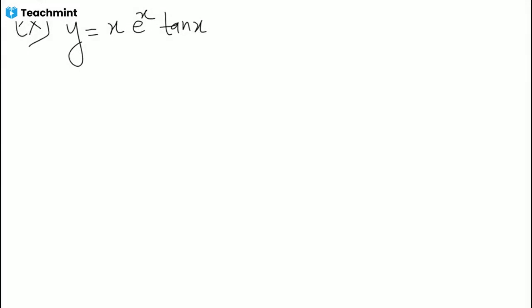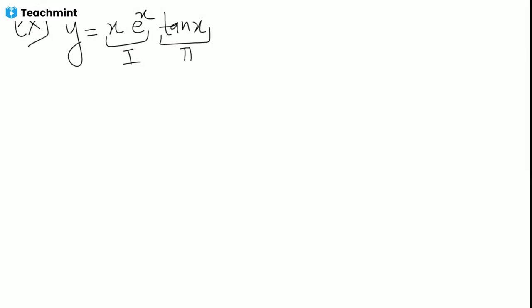Either you can consider this one whole or even consider this one whole. Let us take these two together as a first function like u, and take this second function as v. So we are now using the product rule, and inside it we will also use the product rule. So let us find it.